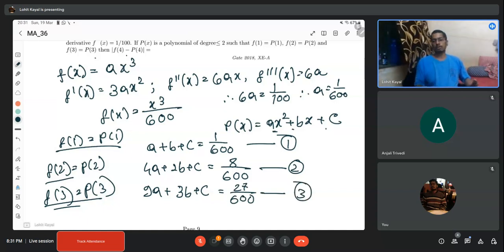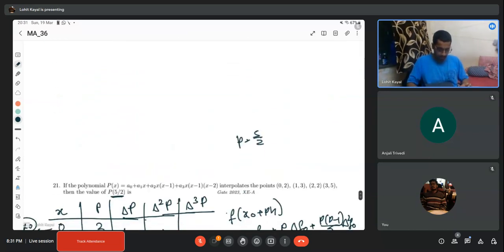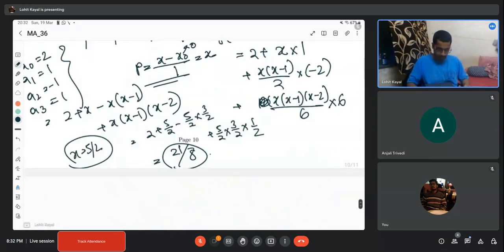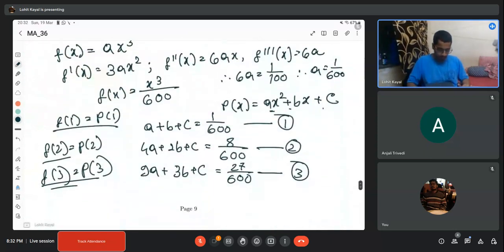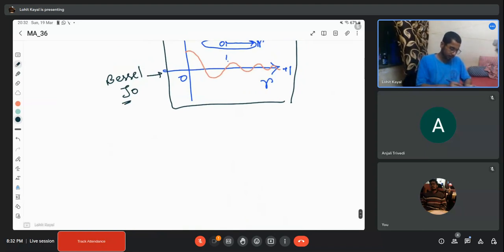Now you need to solve the value of a, b and c from these three equations. Okay, so let's calculate that. I don't have space here, so I am writing at the end. So first equation is a plus b plus c equal to 1 by 600.